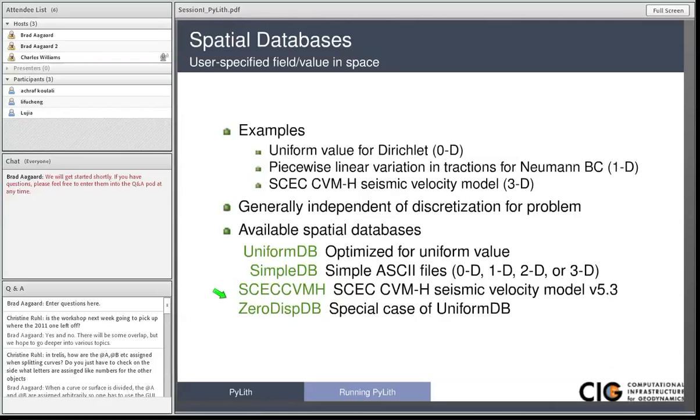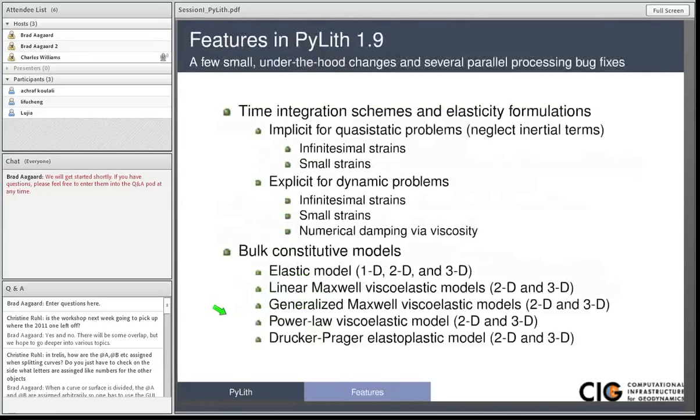We've yet to update it for the latest version. There's also a special spatial database for Dirichlet boundary conditions, or displacement boundary conditions, where the displacement is 0. This spatial database will basically set those displacements to 0, so you don't even need to create a uniform database. You just say this is a zero displacement database, and it knows to set the value to 0.